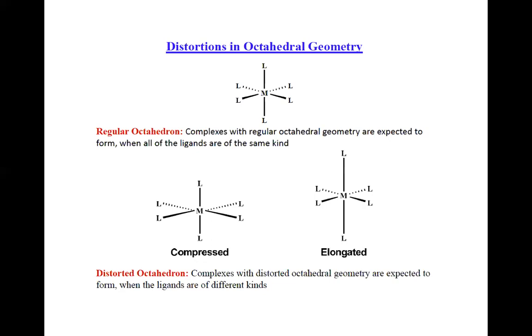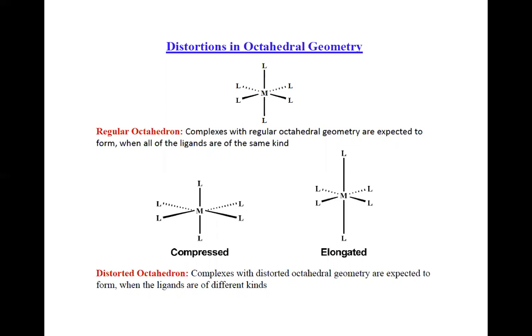In a regular octahedron, it is expected that all these 6 ligands should be of similar kind, and each of the metal-ligand bond lengths should be equal. At the same time, each of the L-M-L bond angles should be equal to 90 degrees.